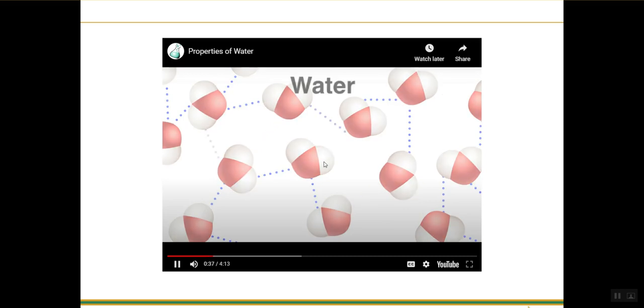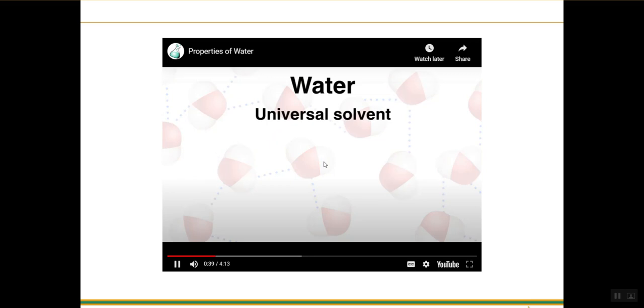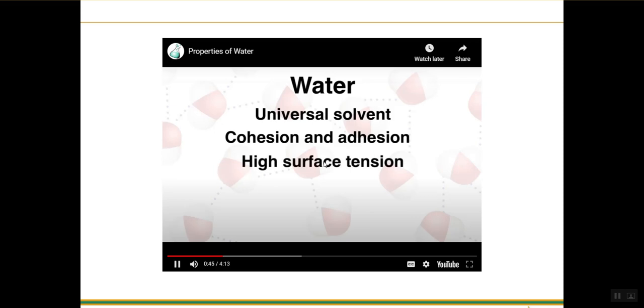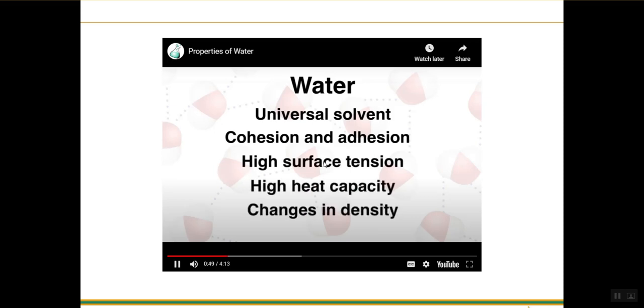These include the ability to act as a universal solvent, the properties of cohesion and adhesion, a high surface tension, a high heat capacity, and changes in density based on temperature. Let's take a look at each of these in turn.